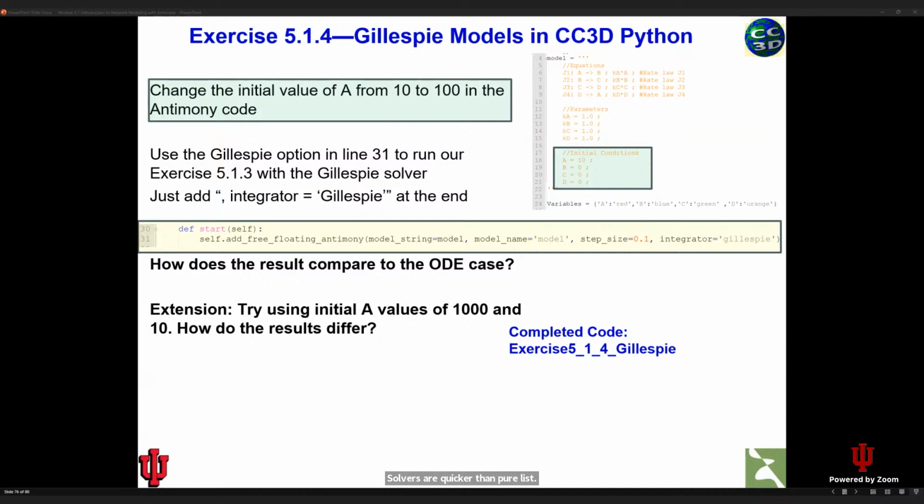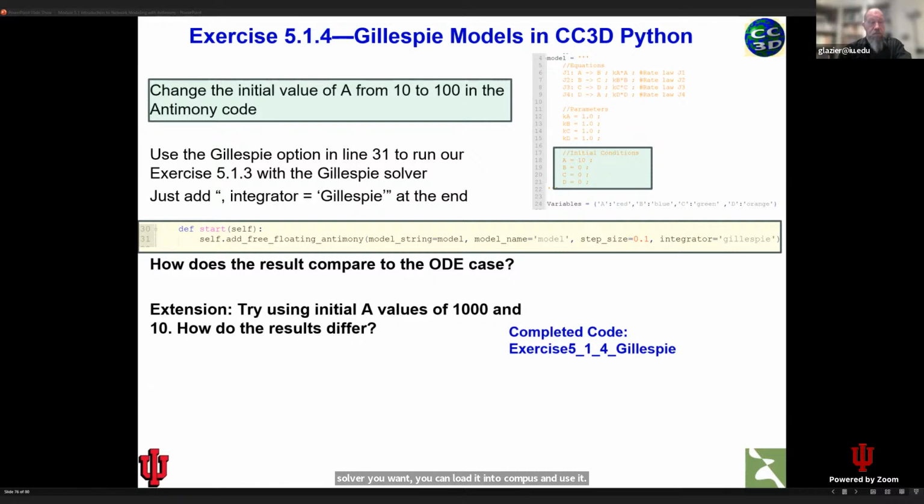Okay. This afternoon, you'll see stochastic Boolean models are available. In principle, if you have a solver that you like, because these solvers are fundamentally Python libraries, if you have a Python library that implements the solver you want, you can load it into CompuCell and use it. So there's nothing preventing you from doing that.